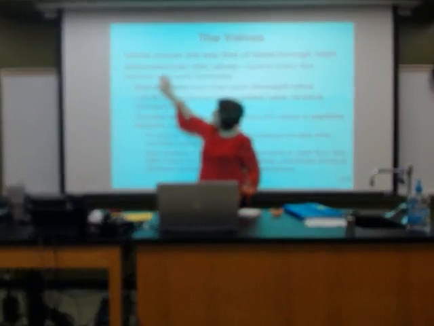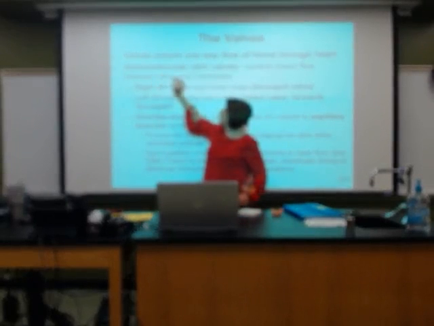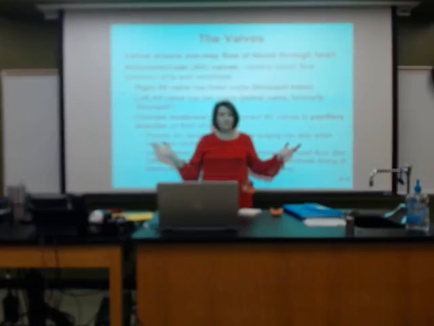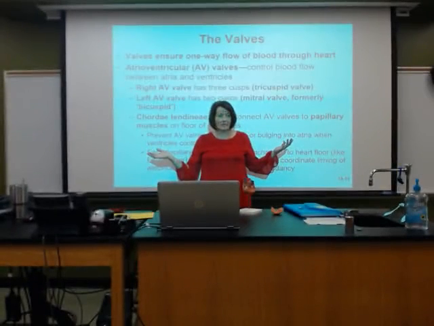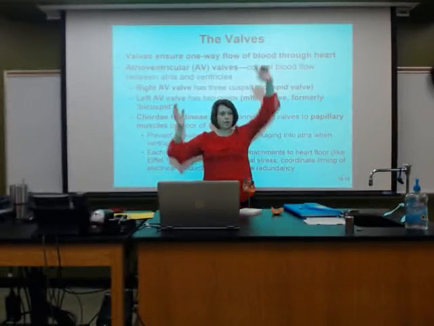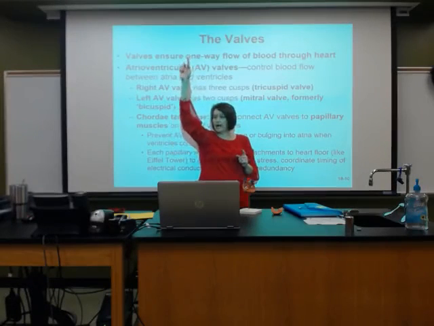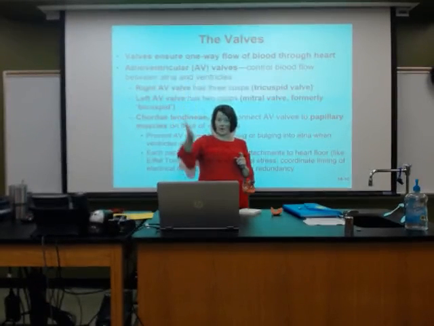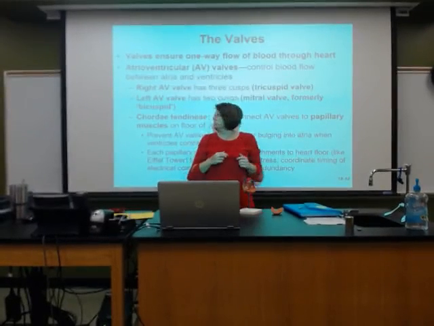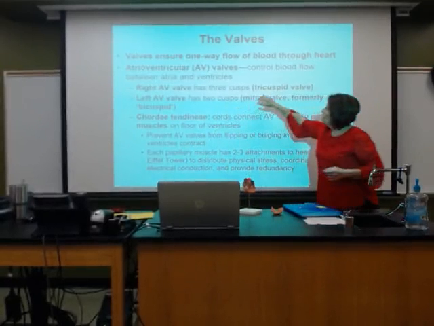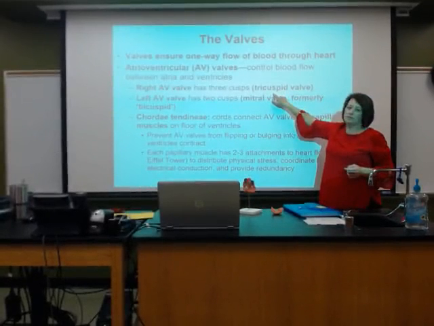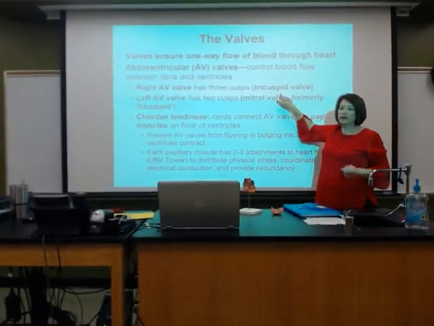We're going to have our atrioventricular valves. Take the term apart. Between an atria and a ventricle. Between the top and the bottom. One on the right side, one on the left side. Now, the right one is our tricuspid.